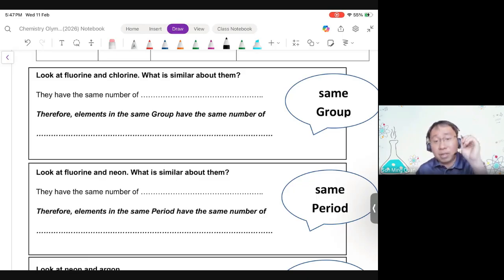All that depends on simply electrons. Where are the electrons? How are the electrons arranged? This is why, for the Sec 3s this year, I made it a point to teach electronic configuration in Sec 1, because electronic configuration is the most important thing you can ever learn in chemistry.